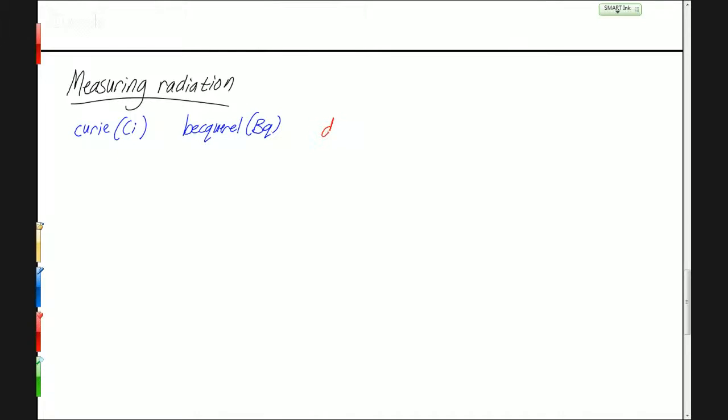They're different units, but they basically measure what we call disintegrations per second. Like how many times is an atom breaking down each second in a particular sample? These are going to be sample dependent.